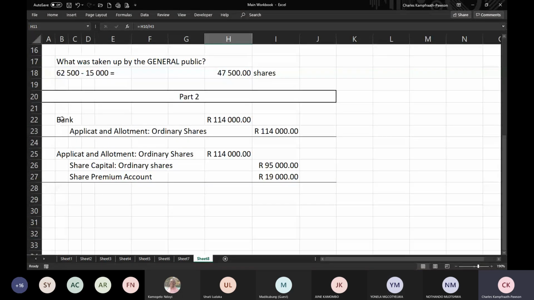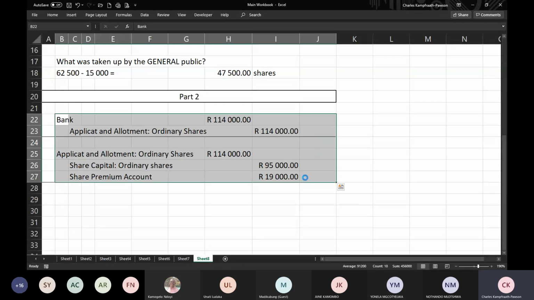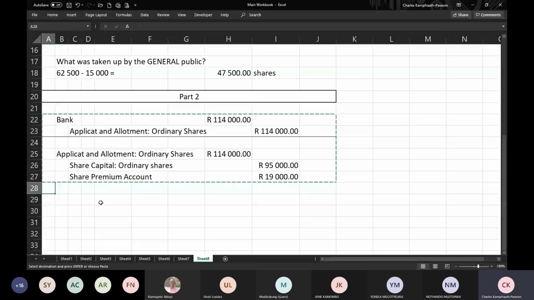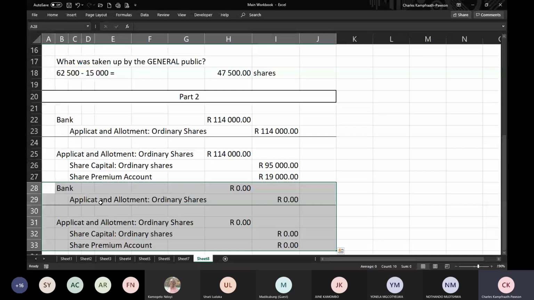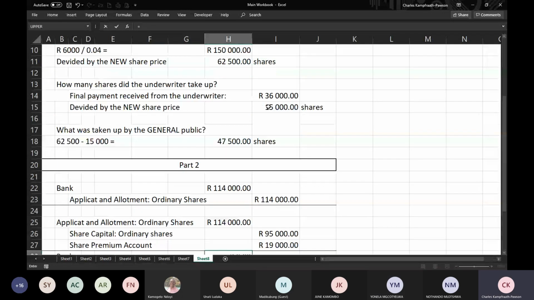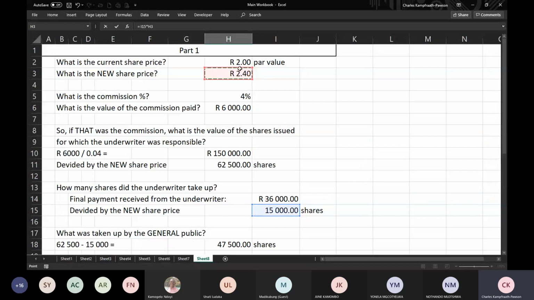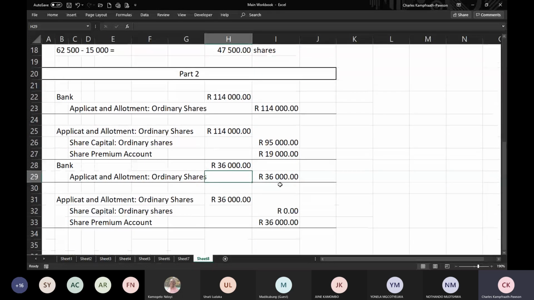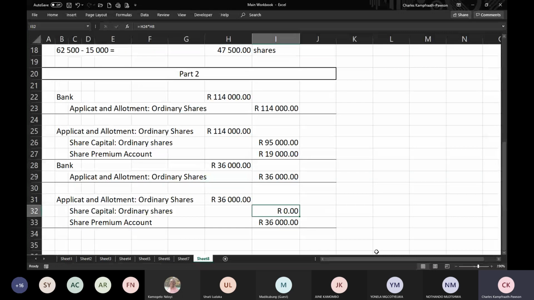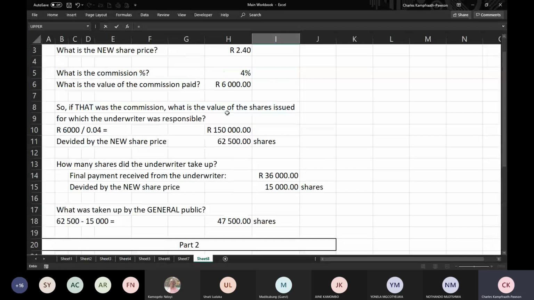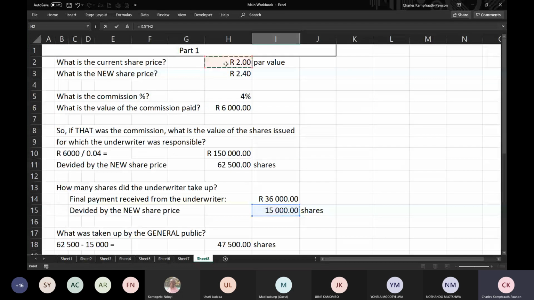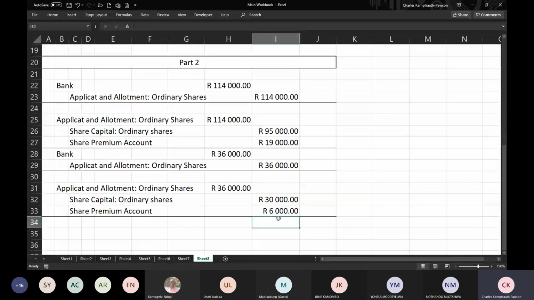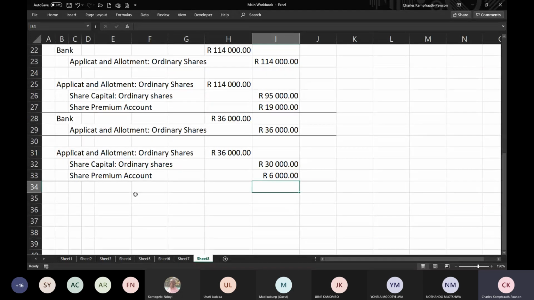So the same scenario will now happen, but this time it will be only the 15,000 times R2.40, because this is what was taken up by the underwriter. This will be the 15,000 times the par value. So 6,000 will be the share premium account.